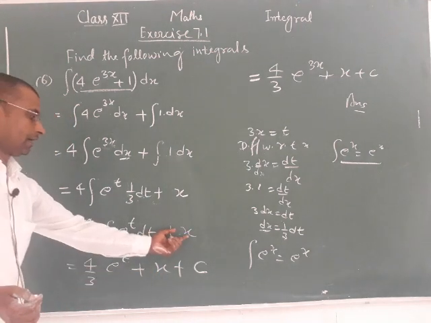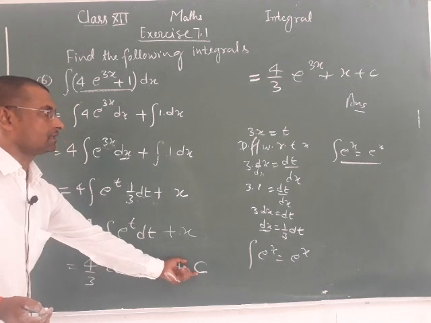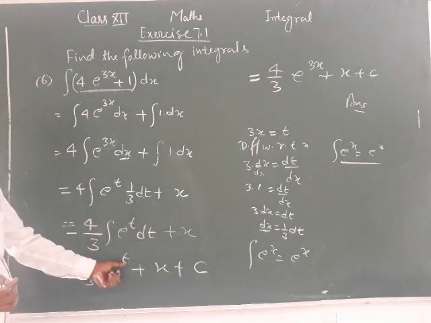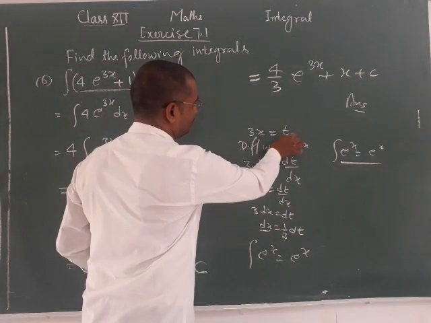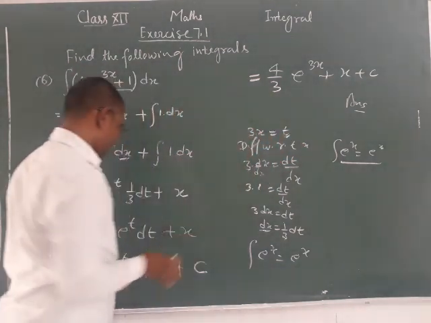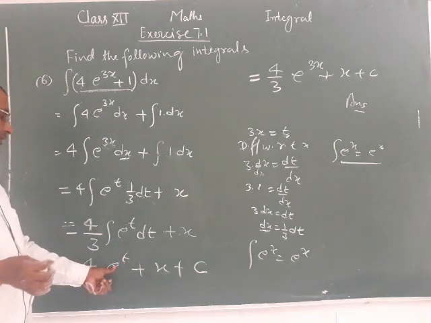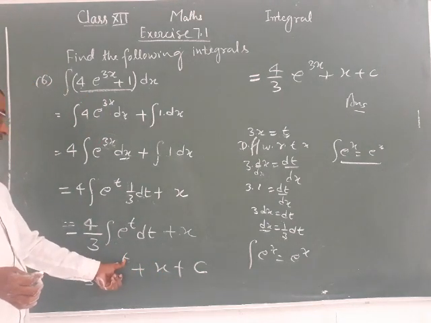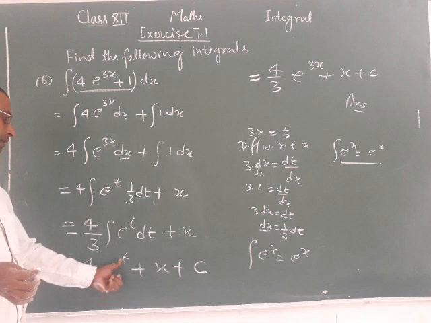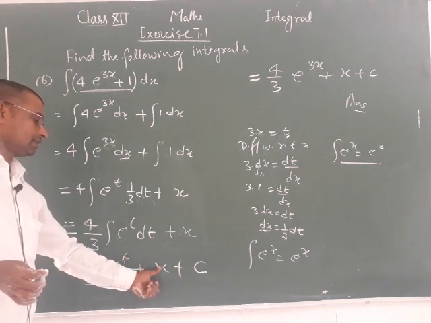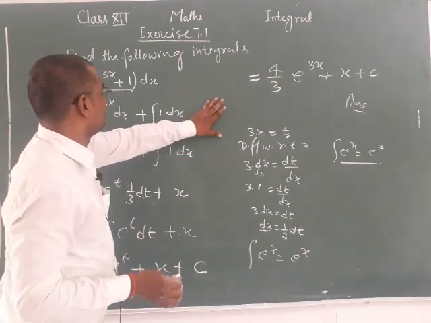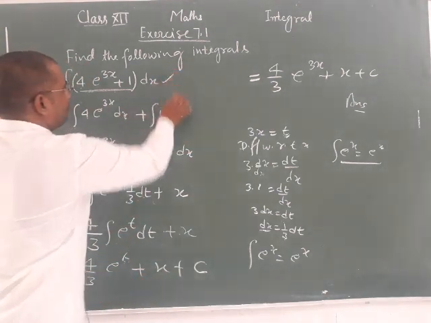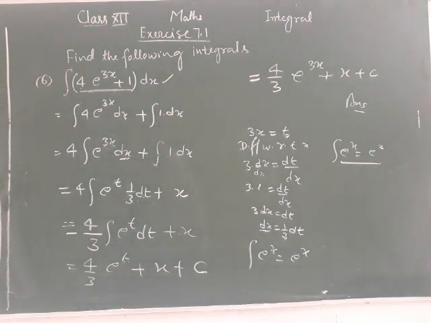Adding an arbitrary constant, so e raised to the power t, now remove this, t is equal to 3x, now e raised to the power 3x. So 4 by 3 e raised to the power 3x plus x plus c. This is the answer of the given question.